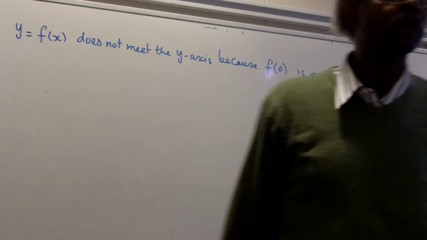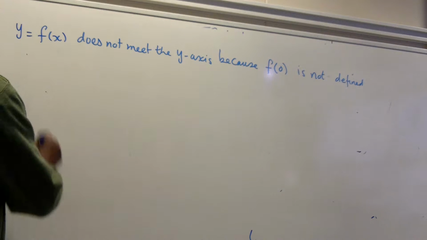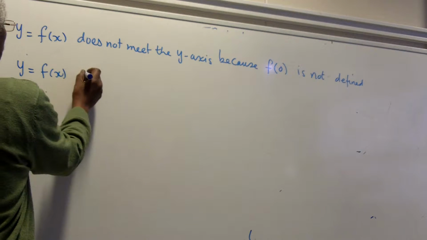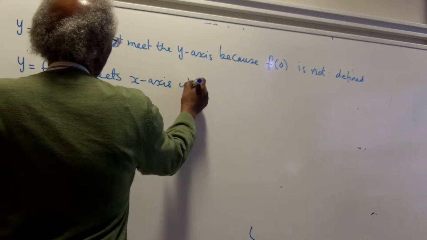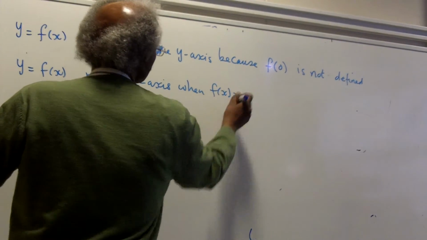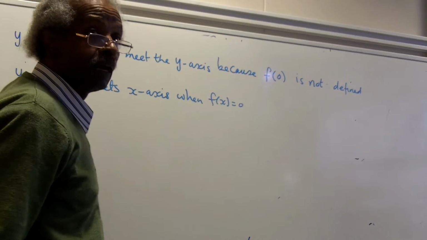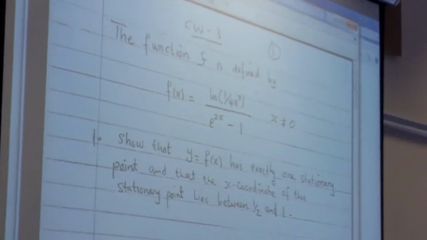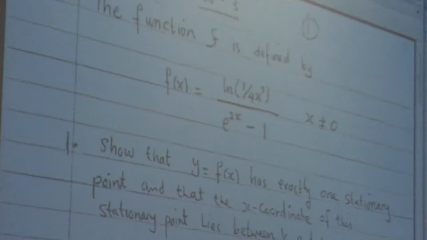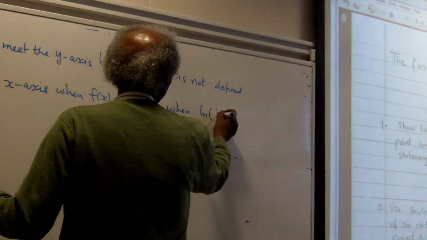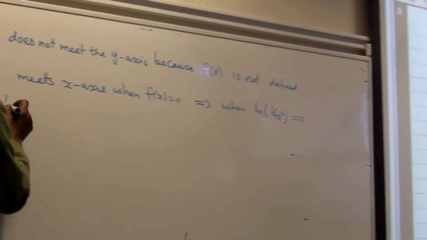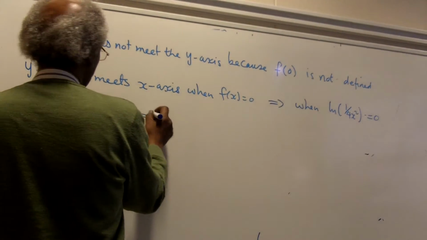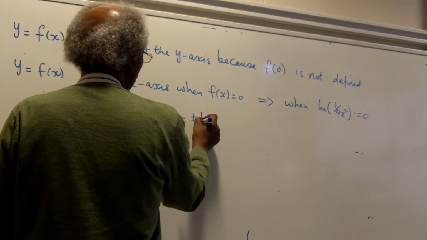The graph meets the x-axis when f(x) is equal to 0. f(x) is a fraction, the top of the fraction divided by the bottom, which means the top of the fraction, ln(1 over 4x squared), is equal to 0 when 1 over 4x squared is equal to 1, which implies x is plus or minus a half.